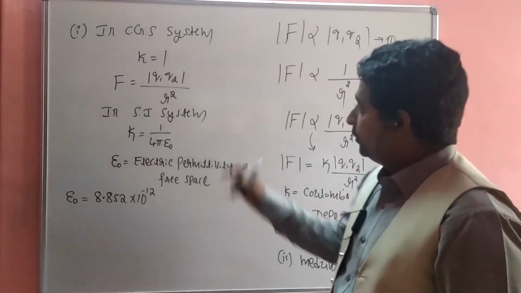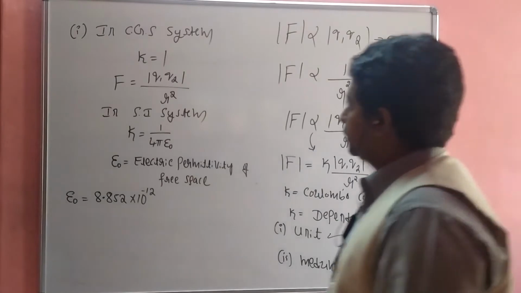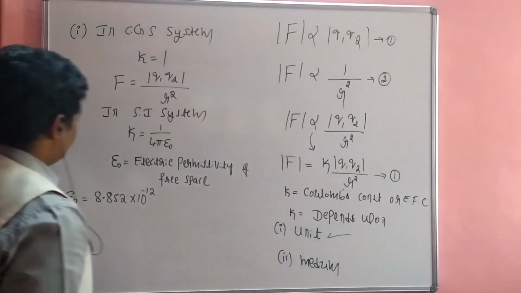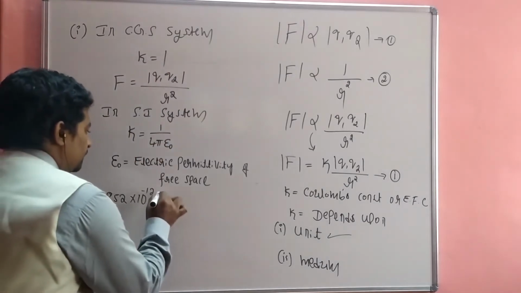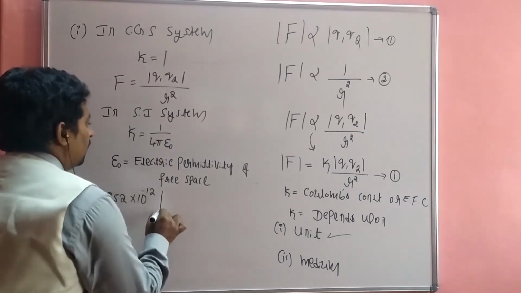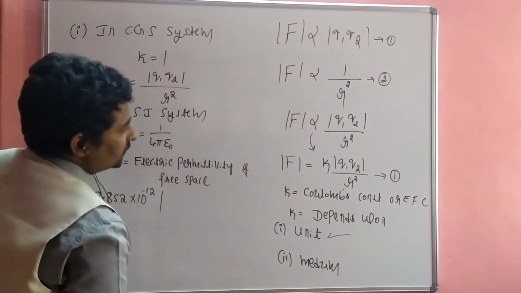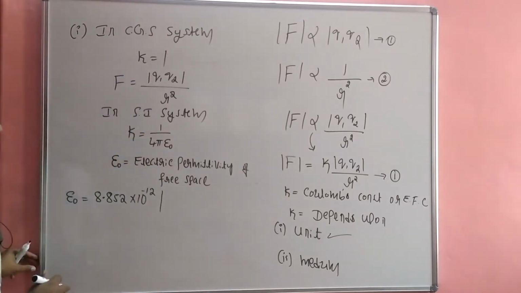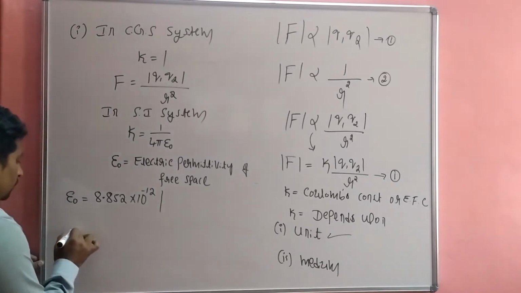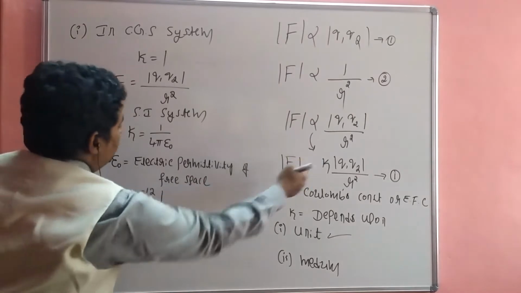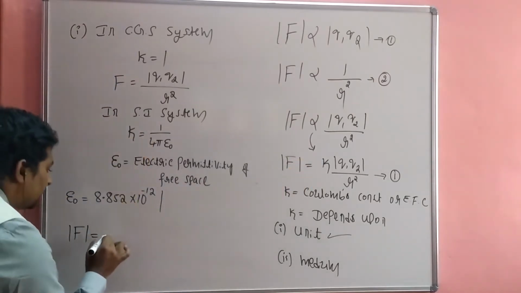So let's check the unit. How to check the unit? I am focusing on the SI system. F is equal to K q1 q2 by r square; instead of K, I put 1 by 4 pi epsilon naught.